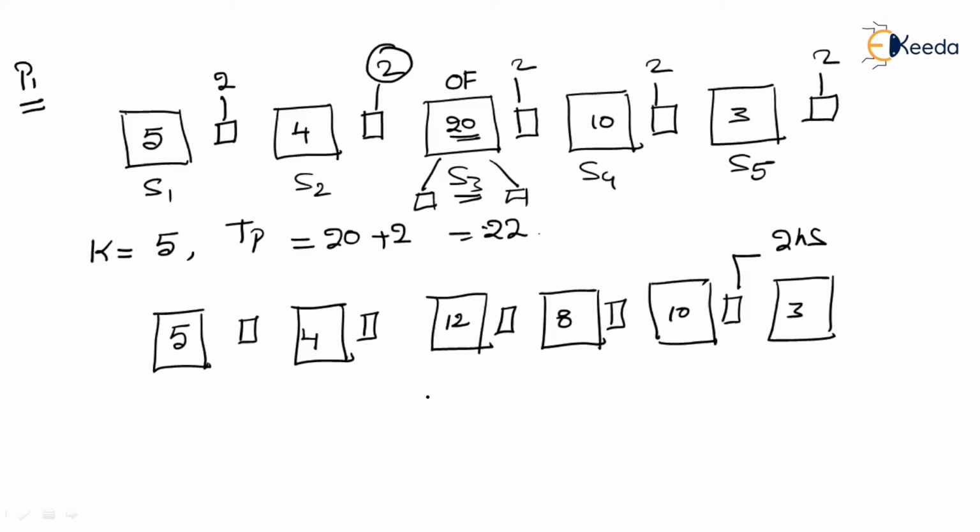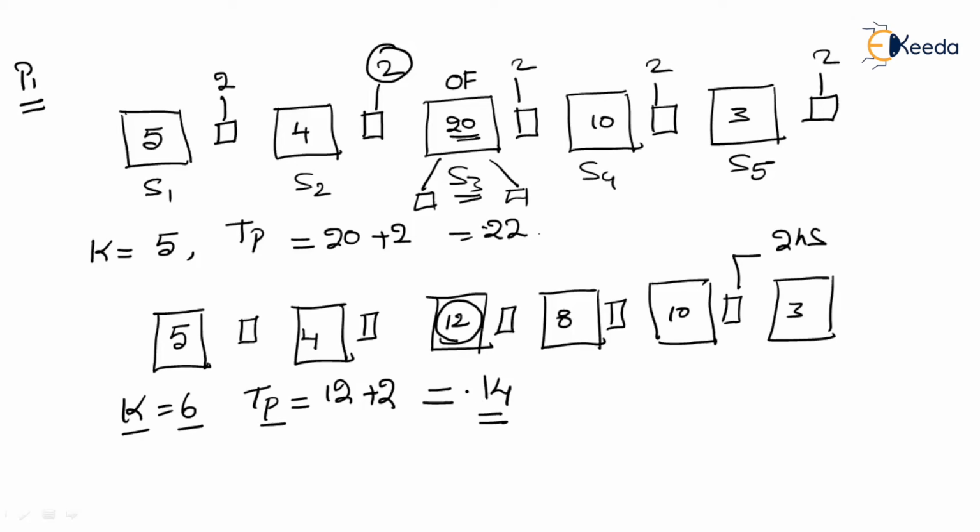Here the number of stages K is equal to 6. TP is max stage delay, 12, plus max register delay, 2, that is 12 plus 2 is equal to 14. So K is equal to 6 and TP is equal to 14.